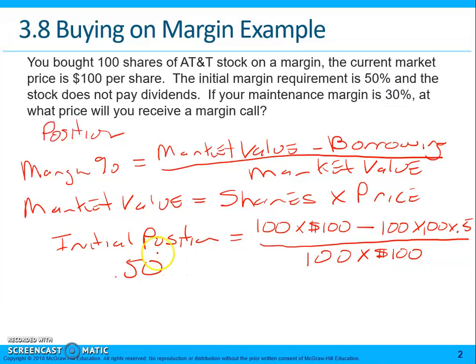So this is 50%, your initial margin. So right there, we've got our 100 shares, $100 per share, and that 50% tells us that we borrowed half the money.